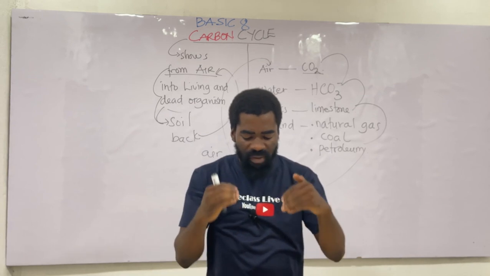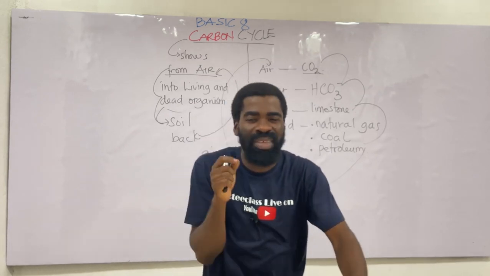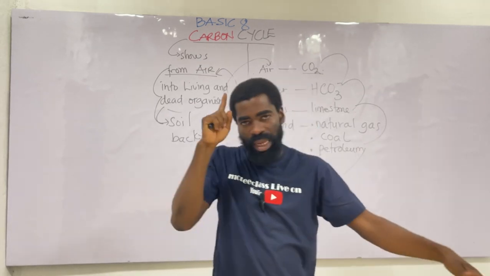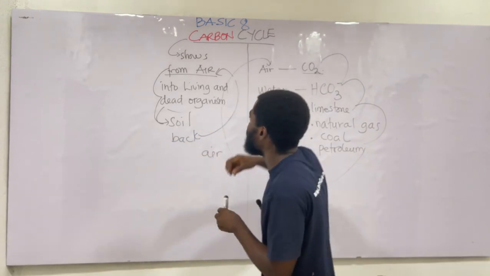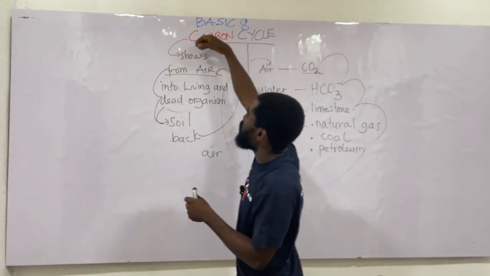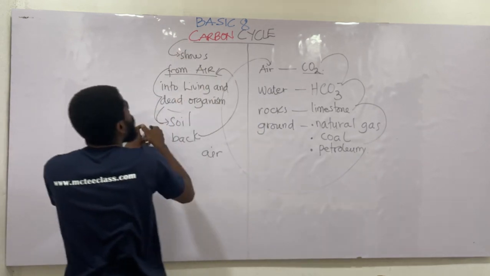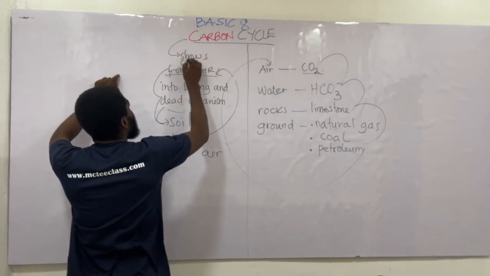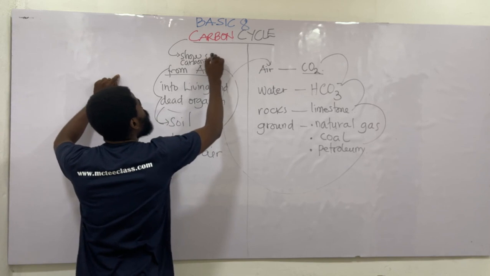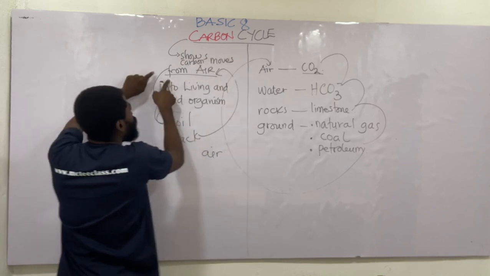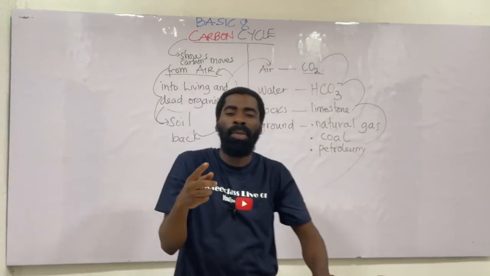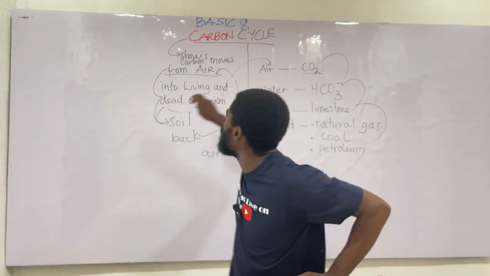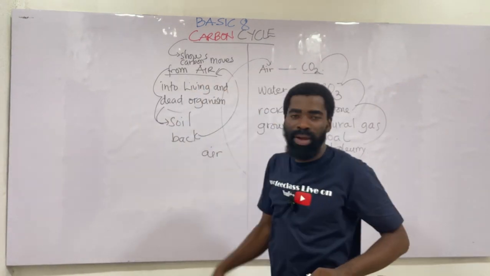And let's look at the steps involved in the carbon cycle. What happens in the carbon cycle? If you look at the definition, it shows how carbon moves from air. So how does carbon move from the air into living and dead organisms?